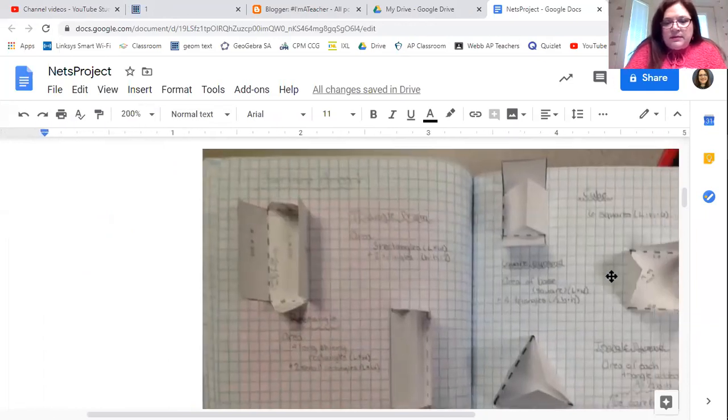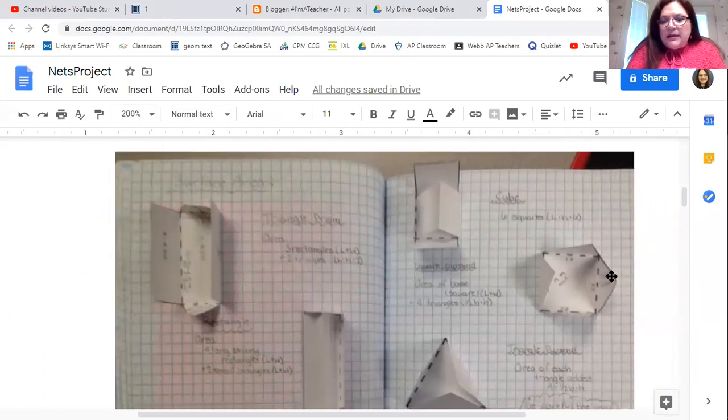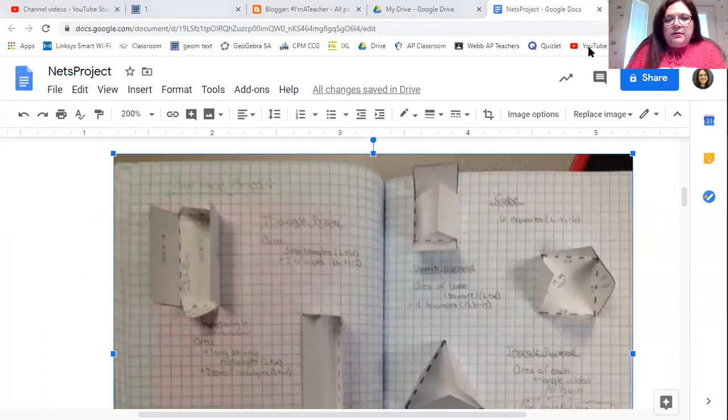Okay, so see how they've got just the bottom here. Let's see, right here, just the bottom is glued down, and then those 4 triangular sides are folded up. And you can see the writing inside. The area formulas are written inside on those nets. That's what I want you to do.